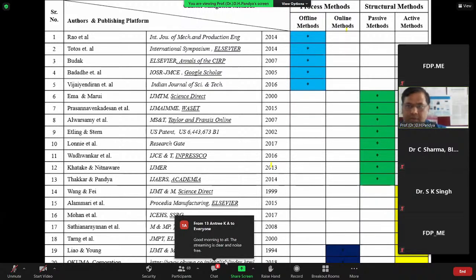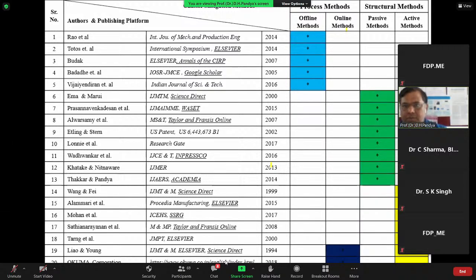So one can go with that machine tool or measuring tool. As far as process methods, offline and online: in online process methods, very few researchers work where complete automation is there in industries. A few Japanese researchers have published their work in that area.